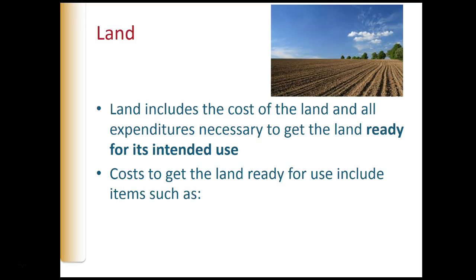Any additional expenditures like clearing the land, filling it, leveling it, or removing old buildings to prepare the land for its intended use also become part of that land's capitalized cost. Any cash received from selling salvage materials from old buildings torn down help reduce the cost of that land account.